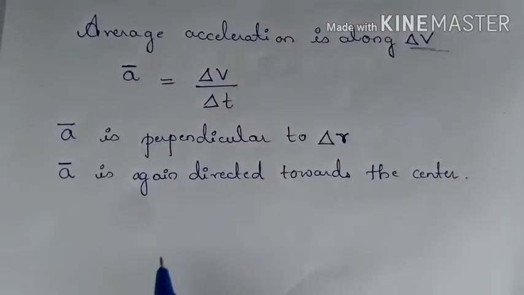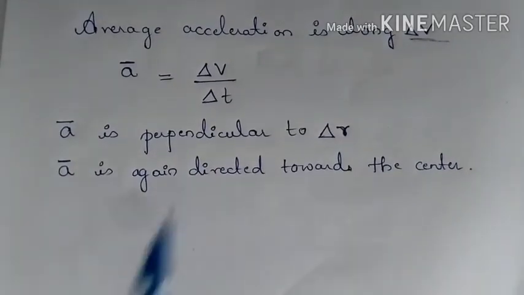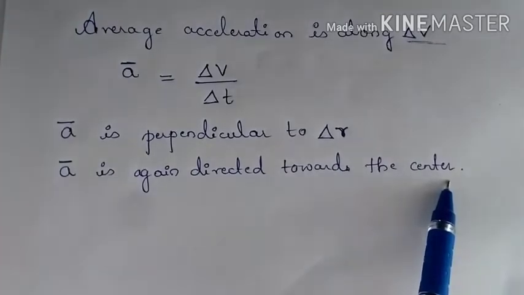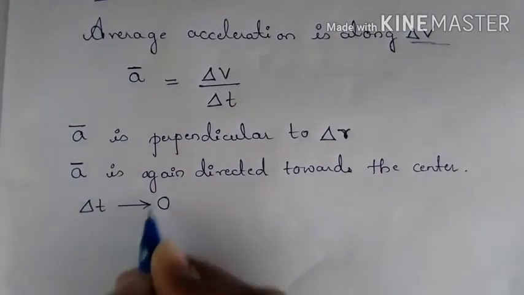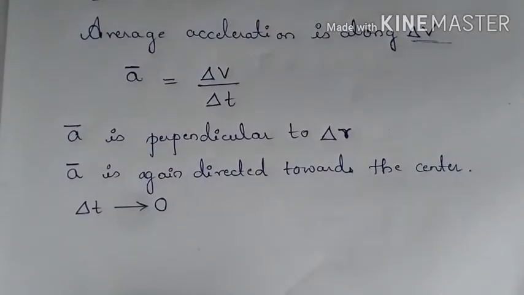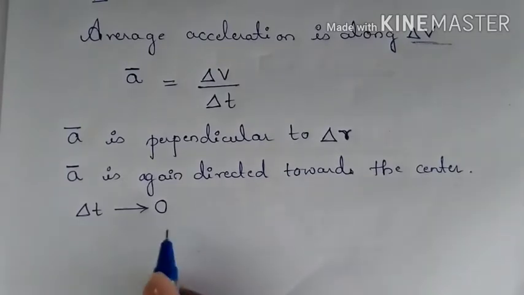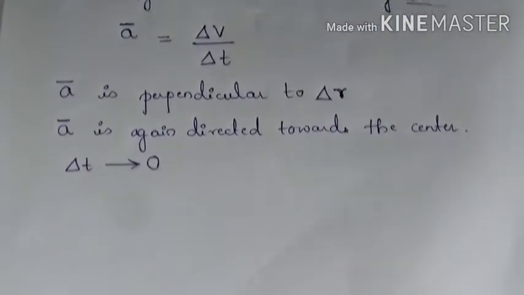A will be perpendicular to R, and this will be directed towards the center. Now let us find the instantaneous acceleration. That means delta t tends to 0. When delta t tends to 0, the acceleration becomes the instantaneous acceleration, and this will again be directed towards the center. So let us draw that diagram.